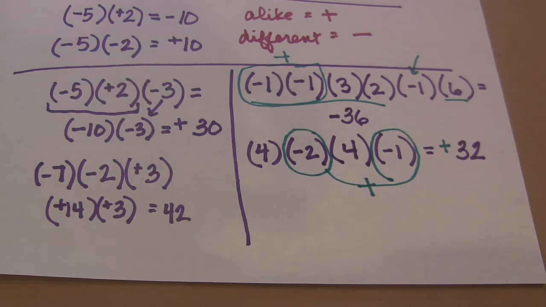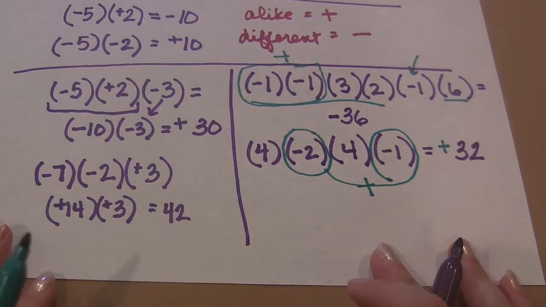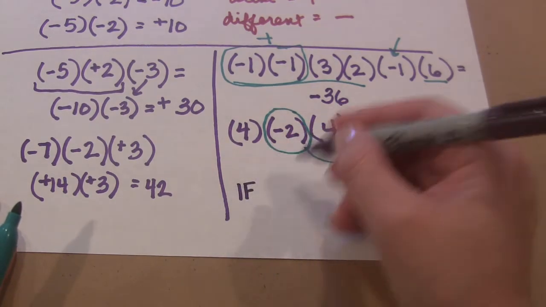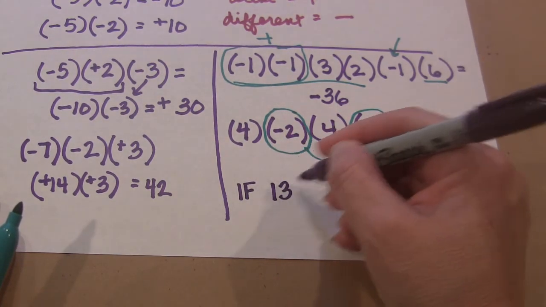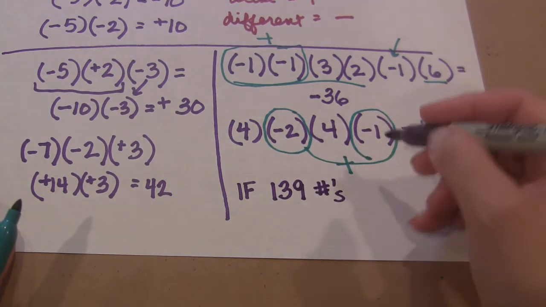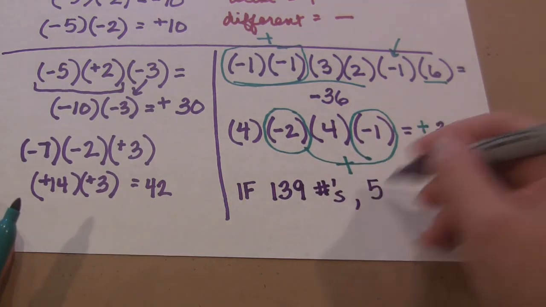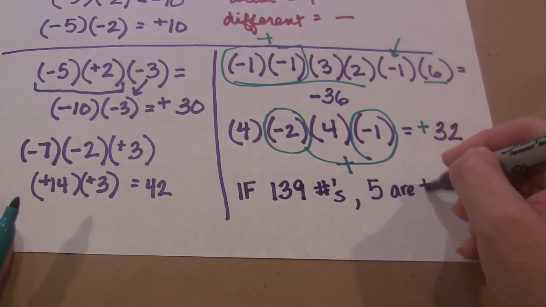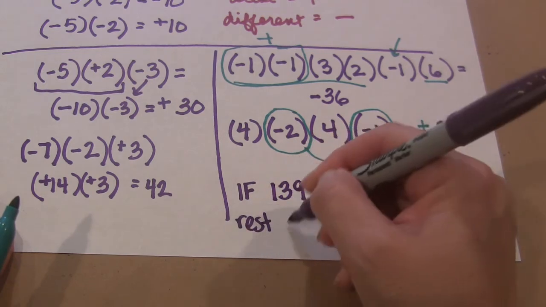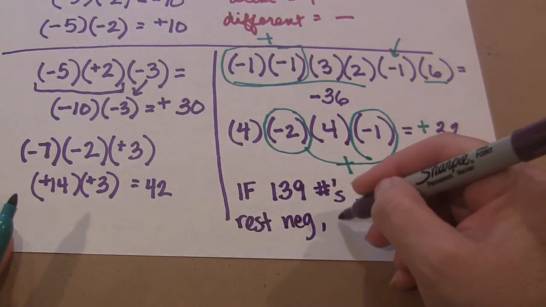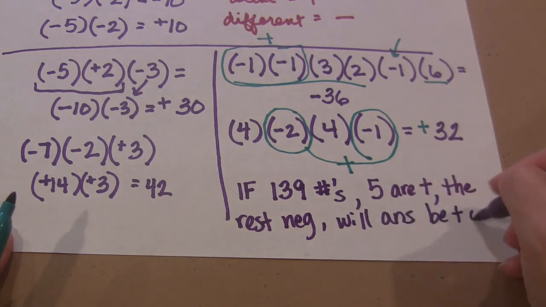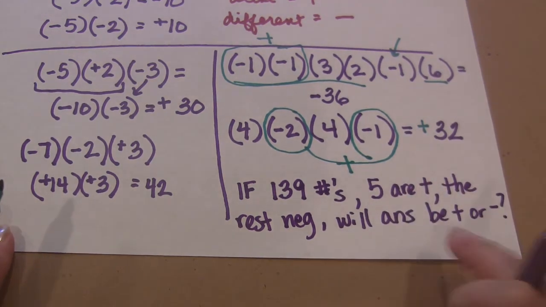Now, if I were really, really tricky, which of course I am, I would say if you have 139 numbers, 5 are positive, the rest are negative, will your answer be positive or negative? Well, let's see.